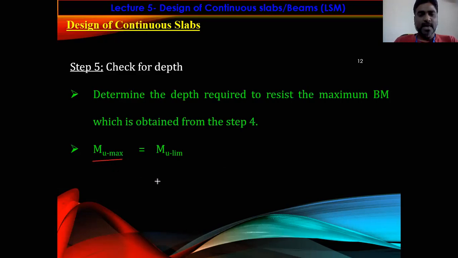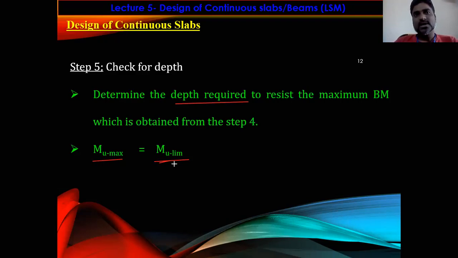So that maximum bending moment is, let us say, Mu max, right? So that Mu max should be equal to Mu limit, right? By equating these two, you can determine the depth required. Why are we equating only this one? Because Mu limit is nothing but the moment of resistance corresponding to the balanced section.